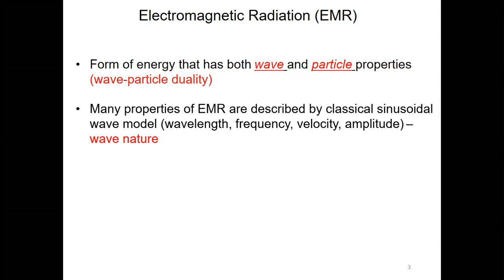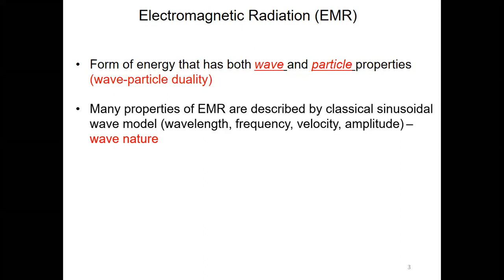How can we say it has wave nature? Many properties can be described by the classical sinusoidal wave model. You know that sine-shaped wave model. You learned the sine-shaped wave model. So many properties of electromagnetic radiation can be described using this classical wave model.